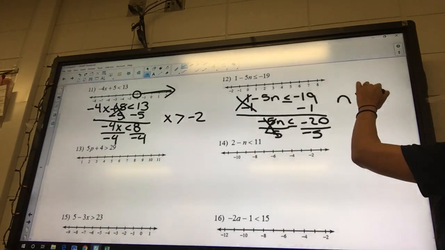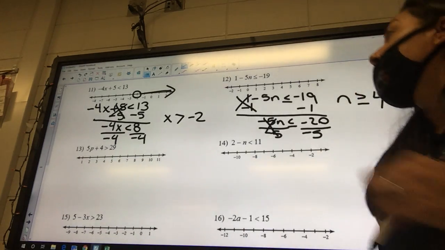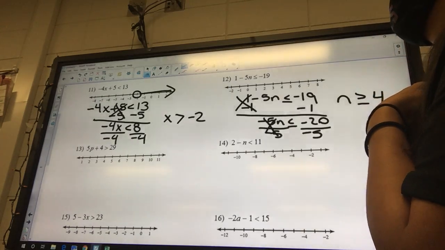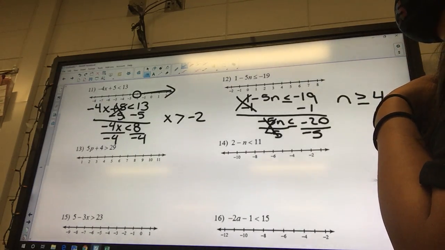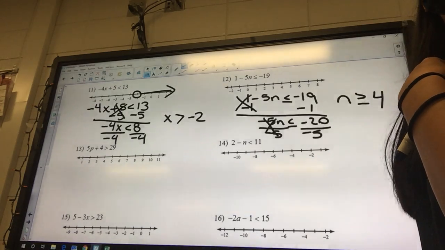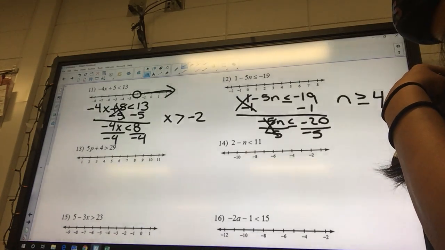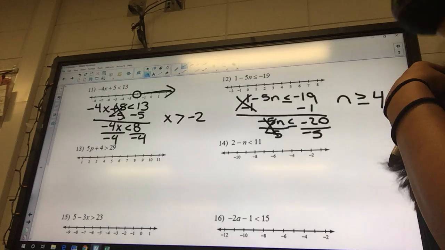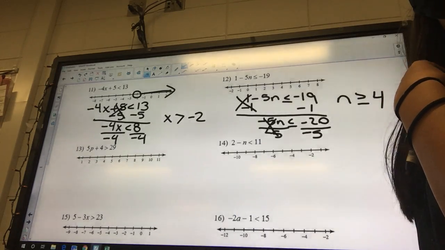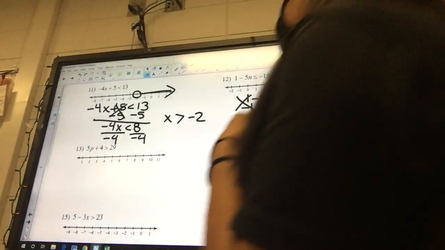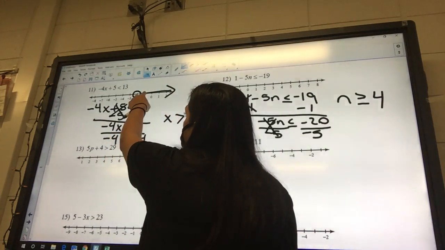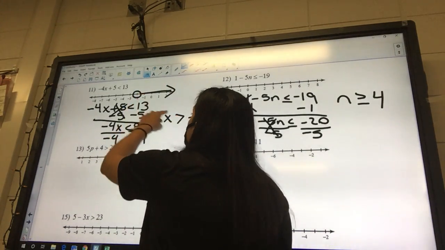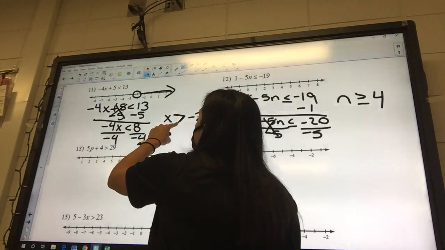Your thing is messed up. Number 11's wrong. You have it facing wrong. What? No, she doesn't. You're fine, just work. Nobody's talking to you. What did you say, Jacob? It's facing wrong. Which one? This one? So my arrow is pointed this way.